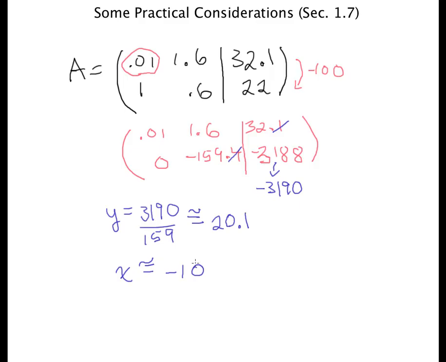And you put this on your paper and you hand it in to the professor, and the professor marks it with a big X and says that no, the correct answer is y is equal to 20 and x is equal to 10. So the y was close, obviously, but the x was terrible. It came out minus 10 instead of 10.